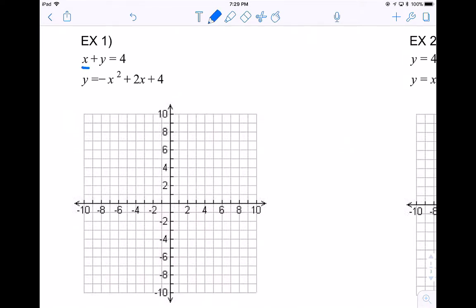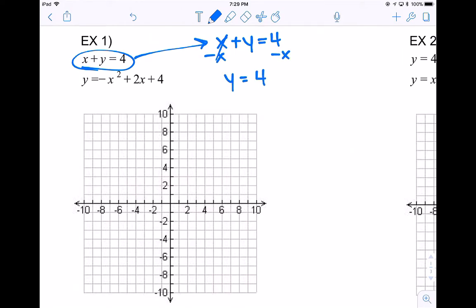For our first equation, we have x plus y equals 4. We need to get this in a form we can graph, so we're going to move x to the other side so that we get y equals 4 minus x, which means we have a y-intercept of 4 and a slope of negative 1.